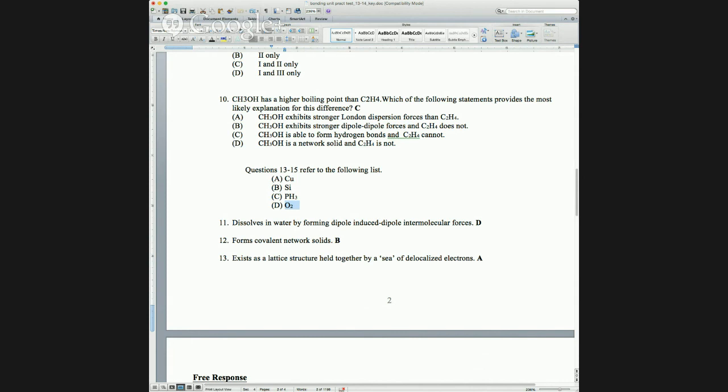Polarizability and induced dipole are essentially talking about the same thing. So the O2 is a nonpolar molecule. It has a strong induced dipole, which is why it's the answer to this one. So when you see induced dipole, you should be thinking, oh, that is referring to a nonpolar molecule.